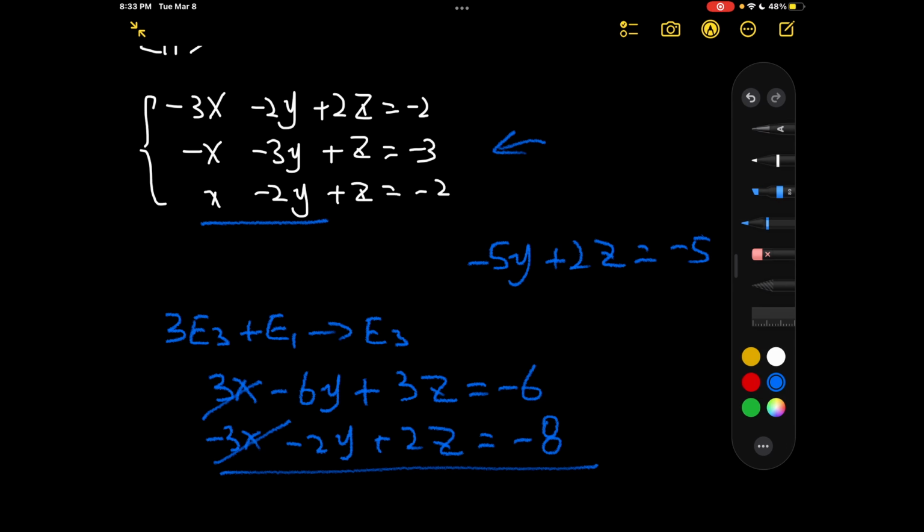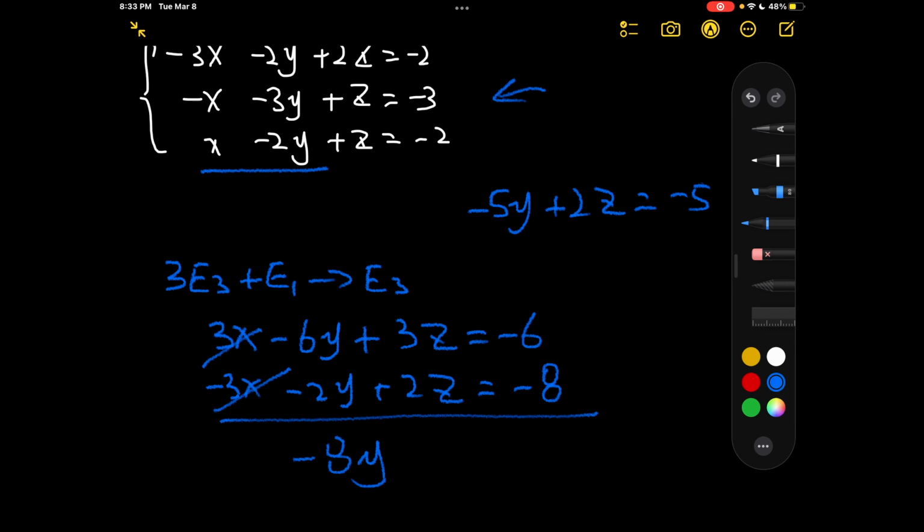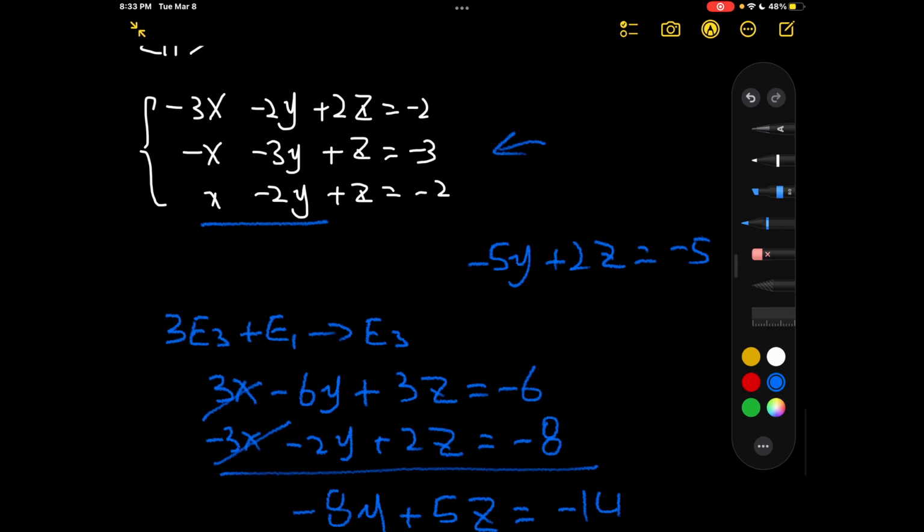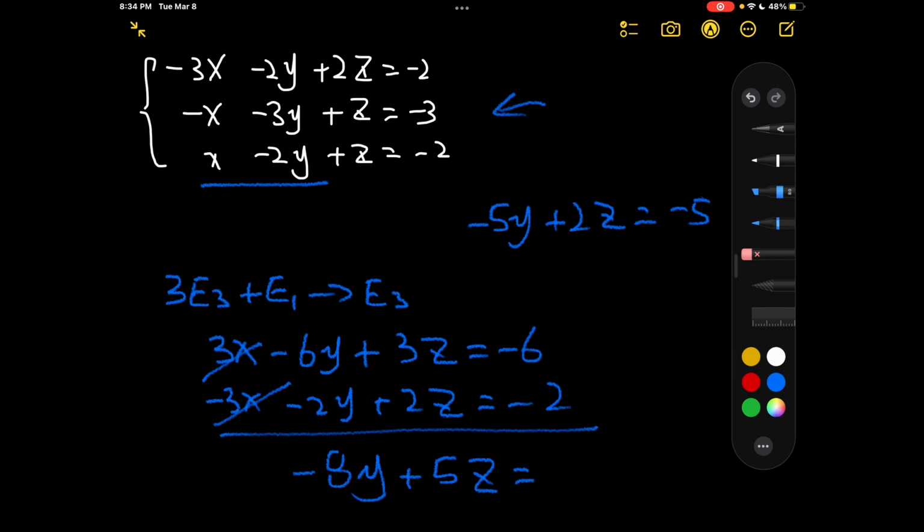Adding up, cancel out, and we get -8y plus 5z equals -8. That's the new equation 3.